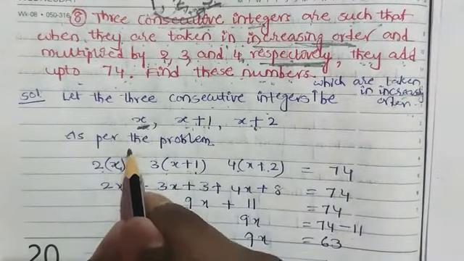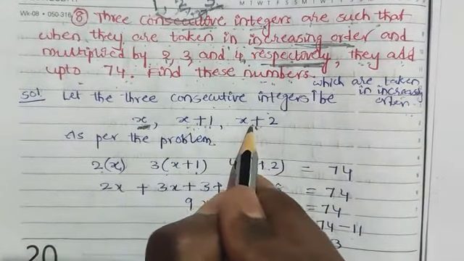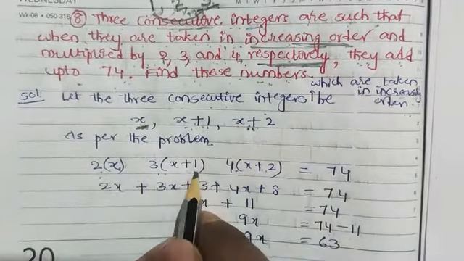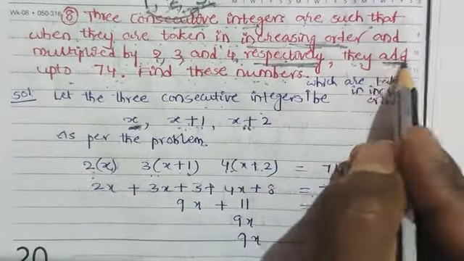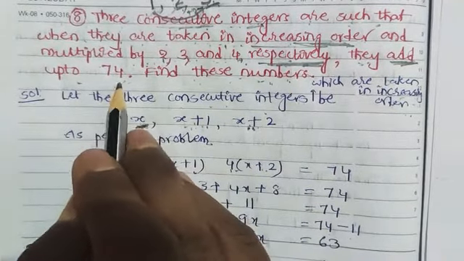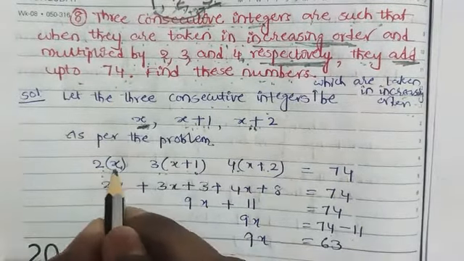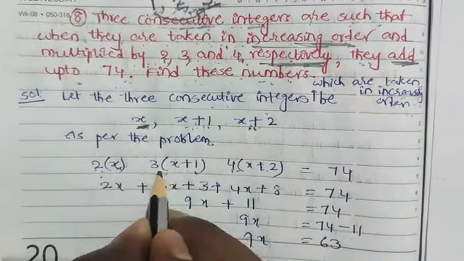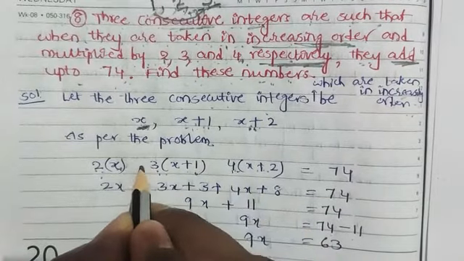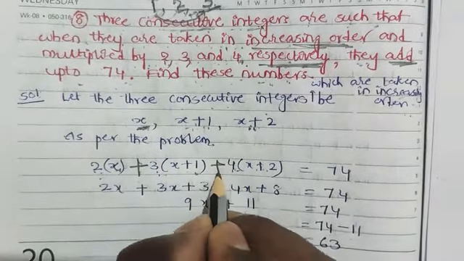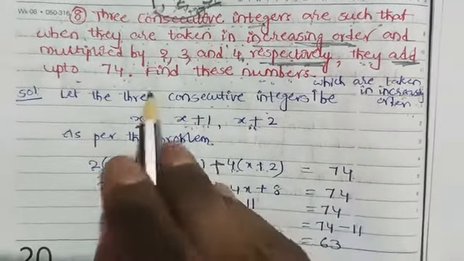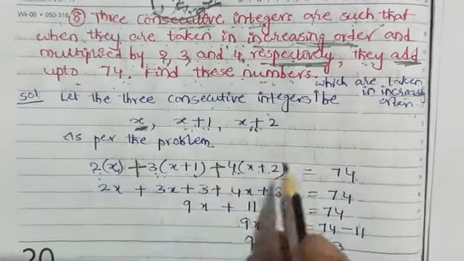That means after multiplying the three consecutive integers with 2, 3 and 4 respectively, if you add those numbers you will get 74. This is our question information.